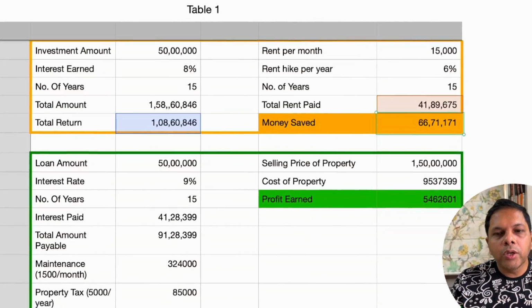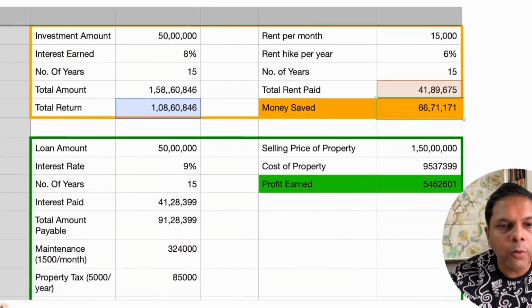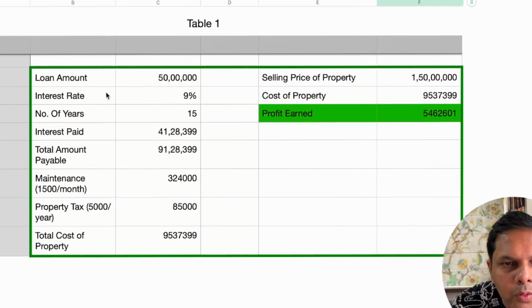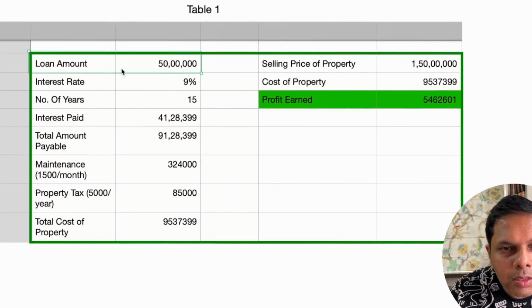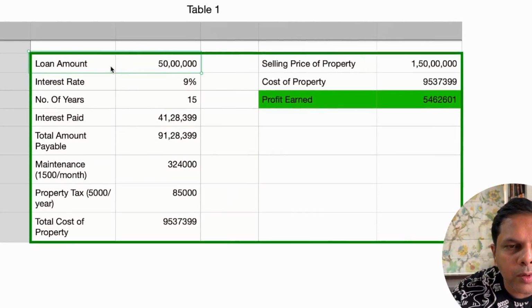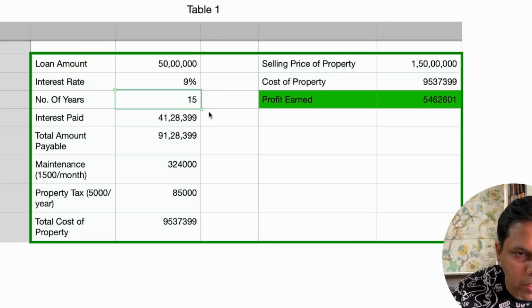Now, I won't be going into too much detail, but on a high level, if you look at this particular section, the loan amount that I have considered is 50 lakh. I have created a similar scenario where the interest rate is 9% and the loan is taken for a period of 15 years.